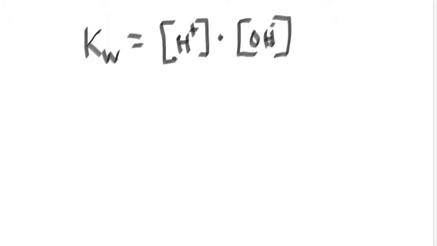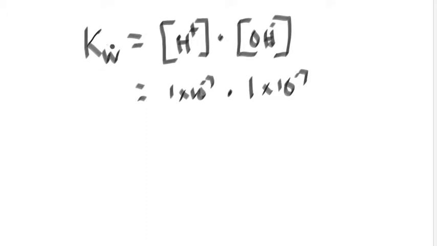And that's been experimentally determined at standard temperature and pressure to be 1 times 10 to the negative 7 for the concentration of the hydrogen ions, and 1 times 10 to the negative 7 for the hydroxide ion concentrations.